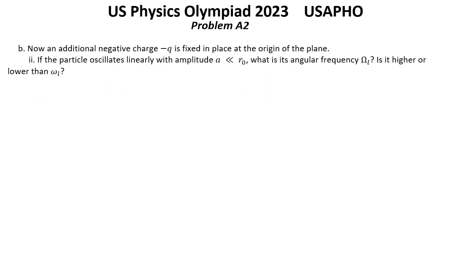Solution for question 2 from part B. If the particle oscillates linearly with amplitude A much less than r0, what is its angular frequency, big omega L? Is it higher or lower than omega small l? Solution.